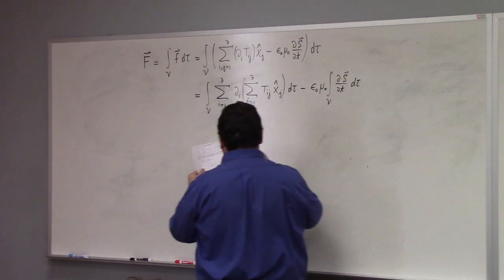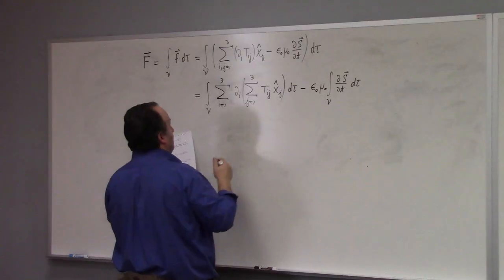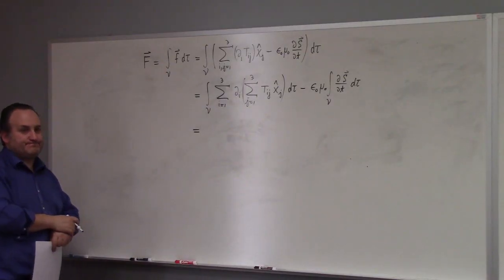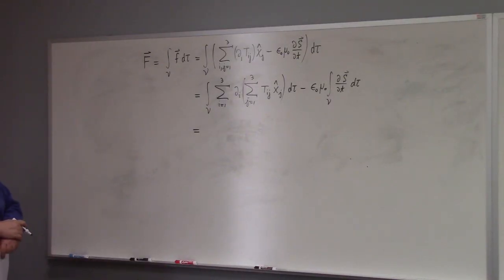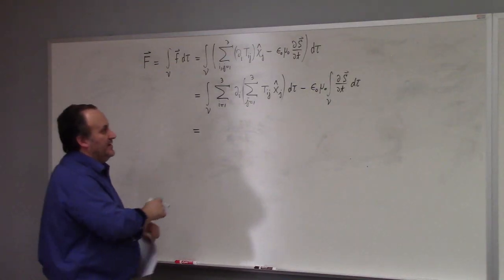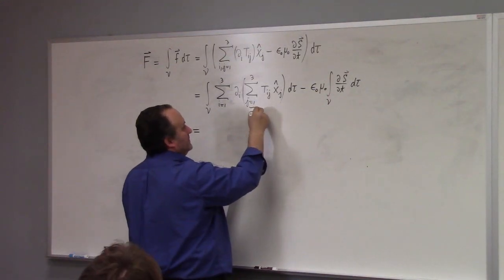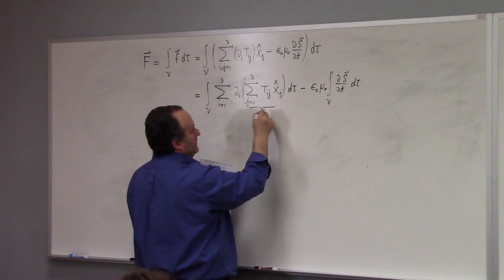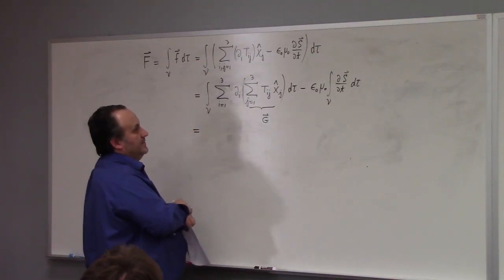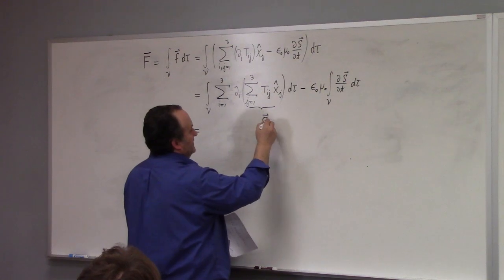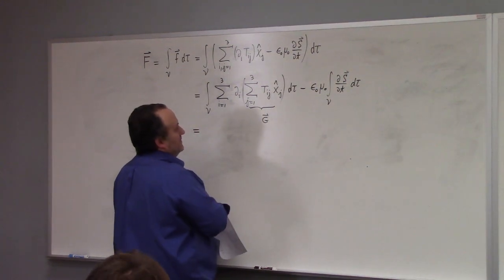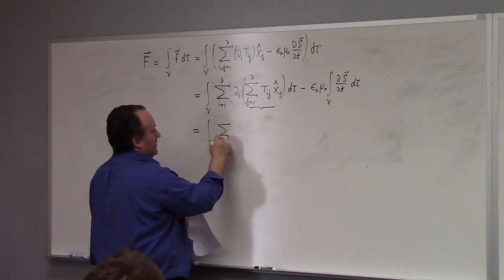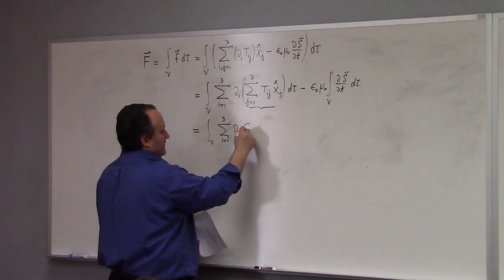Now, just for the sake of discussion, if I call this thing G, we could replace this with the integral over V of the sum i equals 1 to 3 of partial i G_i.